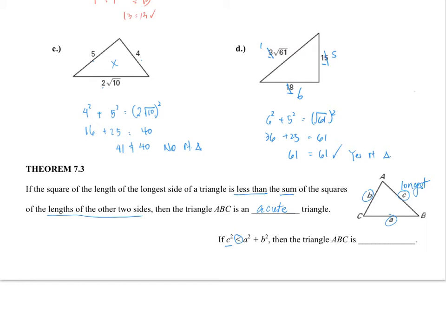So again, if c squared is less than a squared plus b squared, then the triangle ABC here is acute.